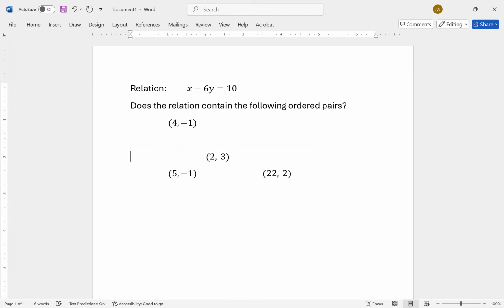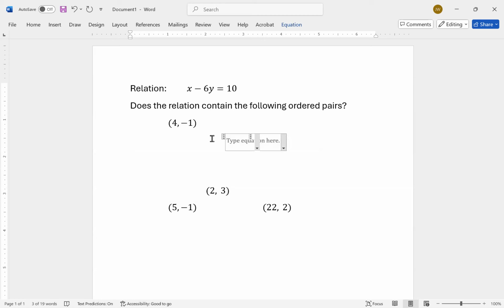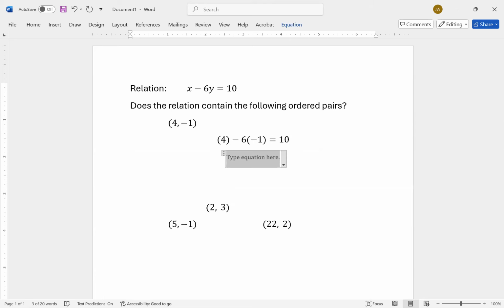So if I'm thinking about (4, -1), what I would do is I would say x minus 6y equals 10 and replace the x with a 4, and replace the y with a negative 1, and then simplify. Simplifying the left-hand side gives me 10.